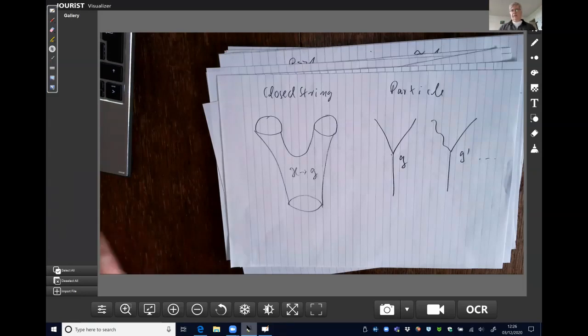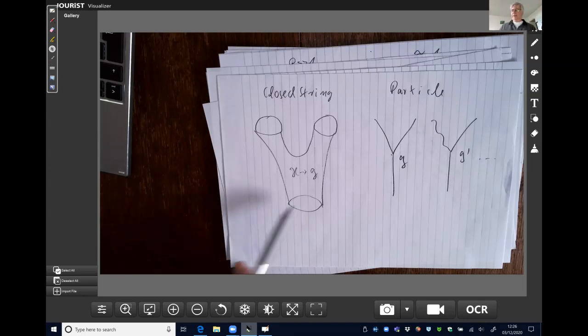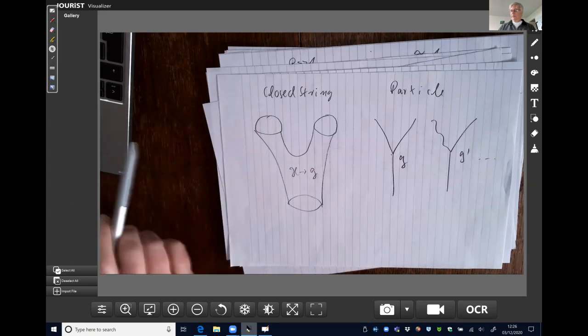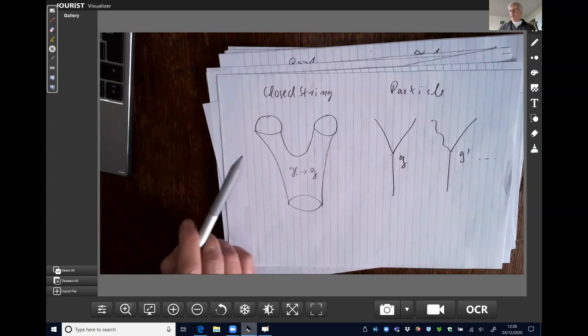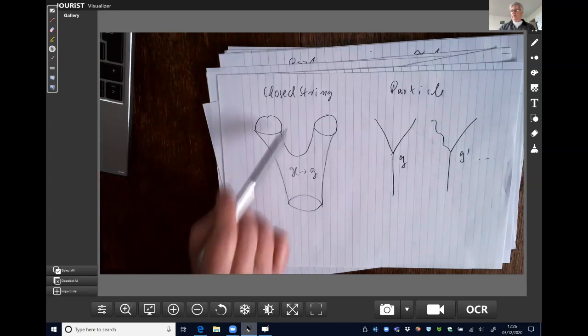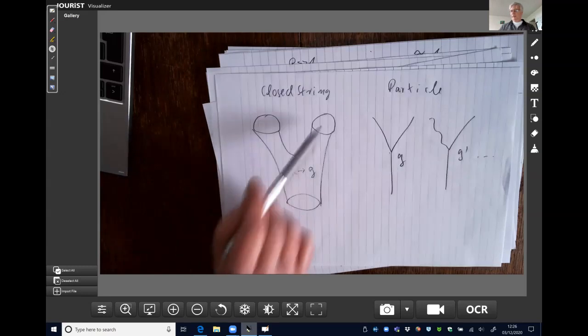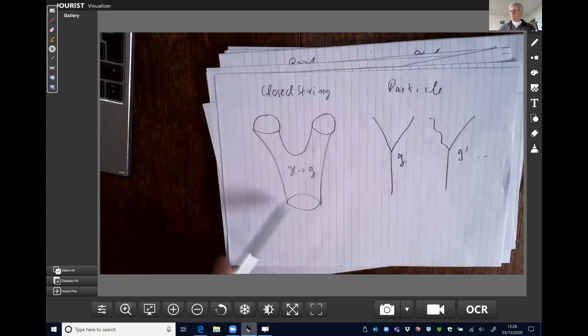I now got one of these document cameras, which are really quite useful. So what we see here is, let's consider a theory consisting of closed strings. Then there's only one kind of vertex that we can draw, namely a process where either one string splits into two or two strings fuse into one.